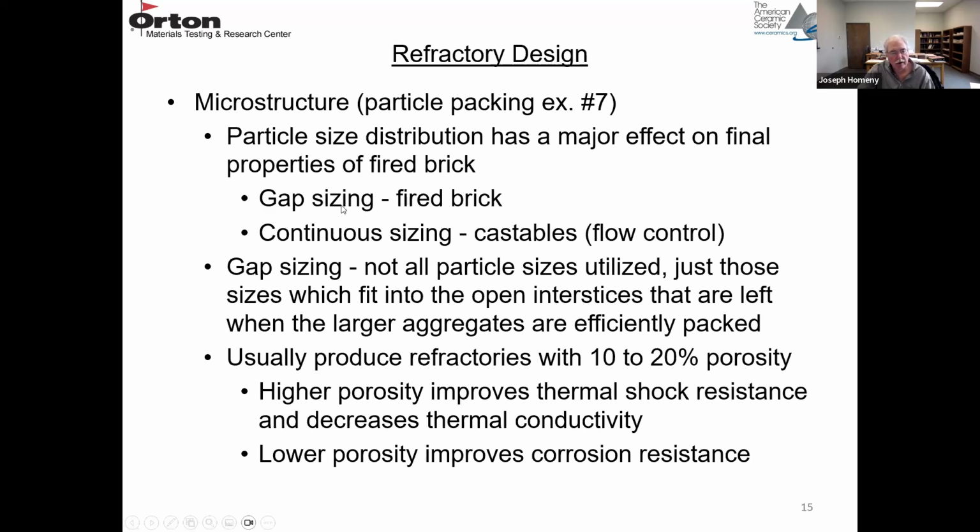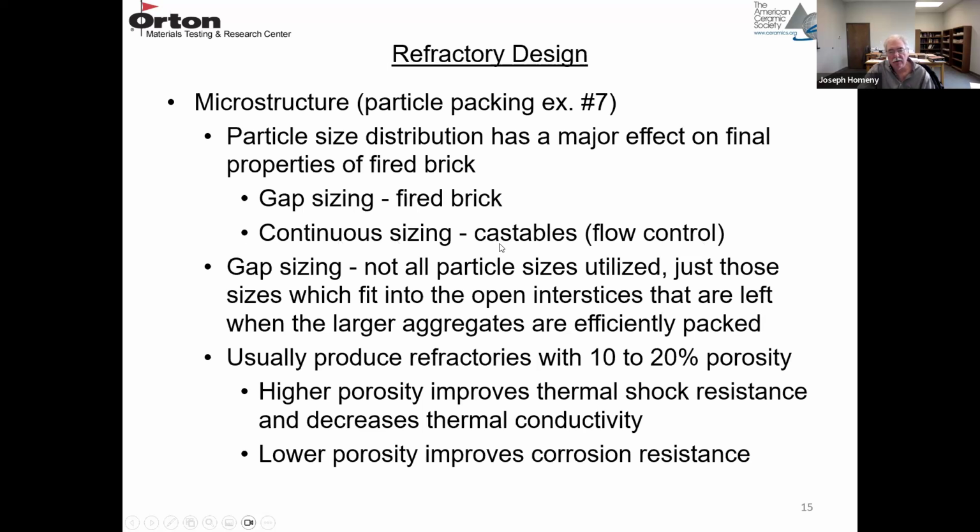And we talked about gap sizing and continuous sizing. Gap sizing is more used in a fired brick. Gap sizing has low flowability, but when you manufacture a fired brick, you go through a pressing cycle, and that pressure alleviates the problem with flow control.